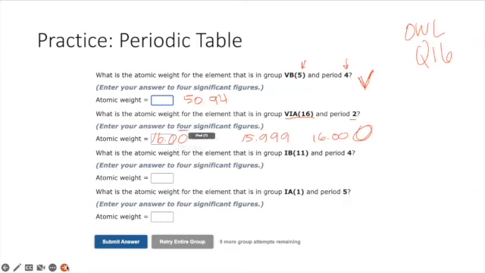Because trailing zeros sometimes count if they come after a non-zero digit and a decimal, which it does. So I know it's tempting to put 15.99, but they want 16.00, just weird, quirky OWL things.